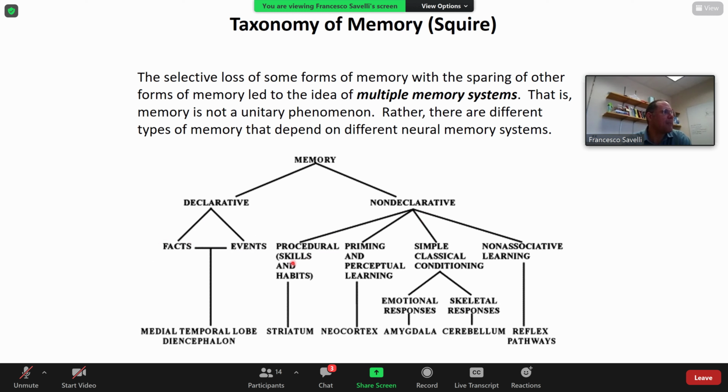Non-declarative is everything else: procedural skills and habits, priming and perceptual learning, simple classical conditioning, non-associative learning, emotional responses, skeletal responses. If you've taken a neuroscience class or psychology class, or other classes, you might have learned these.